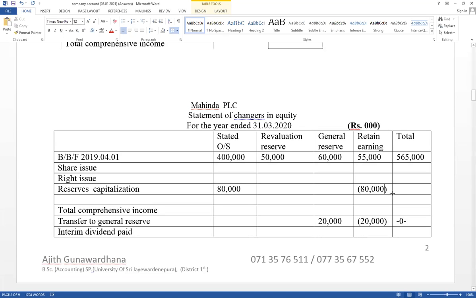This is the way you have to disclose. Net impact for total column 0. Think about equity increase, equity decrease. Sometimes they ask you to write the transaction: equity increase, equity decrease, reserves capitalization. Therefore, there are 2 marks here, increase 1 mark, retain earning minus 1 mark. Think how to calculate, how to disclose. Net impact, think about. Sometimes there is a double entry also. If there is a double entry, retain earning account debit, ordinary share account credit.